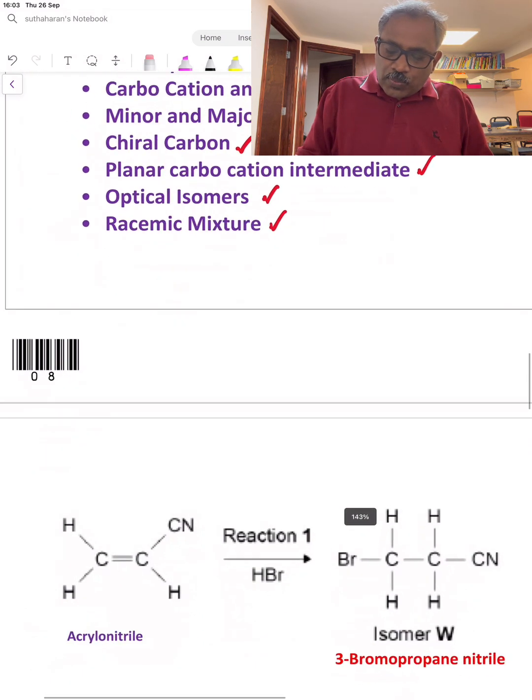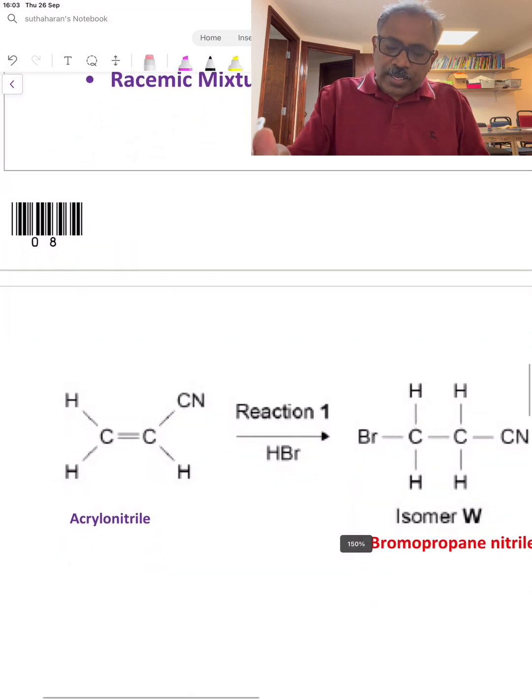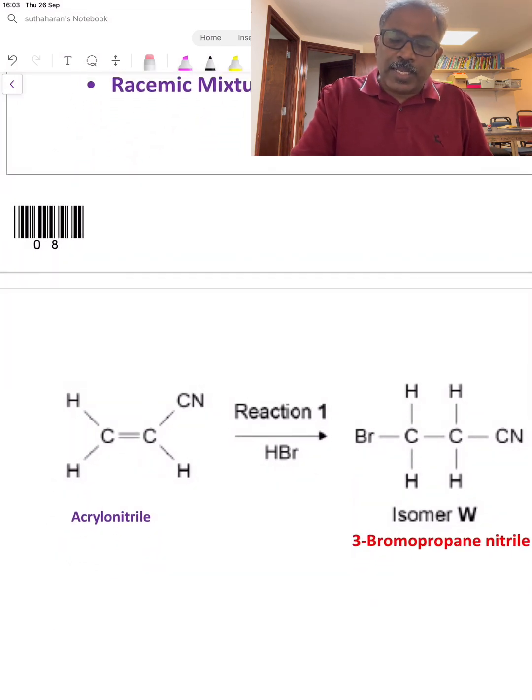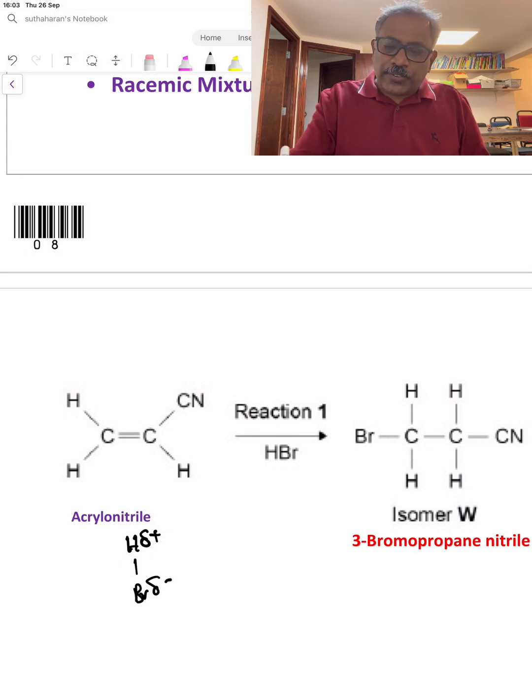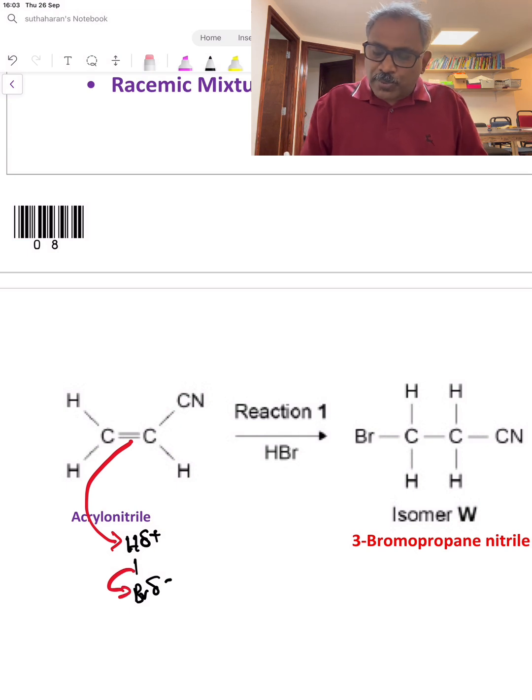Now, acrylonitrile is an alkene that reacts with hydrogen bromide, which has a delta plus and delta minus due to the difference in electronegativity. The carbon double bond breaks and attacks your delta plus hydrogen, and the hydrogen-bromine bond is broken.